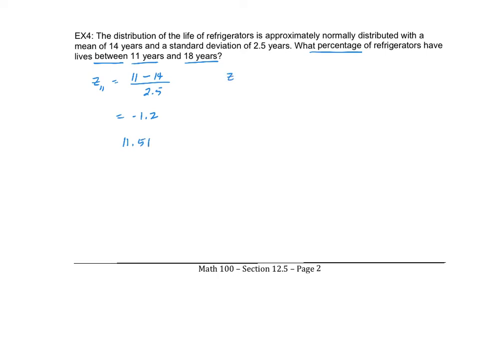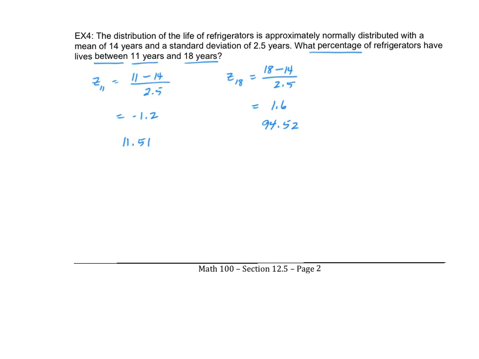When I look at the z-score of 18 years, it's going to be 18 minus 14, the mean, divided by the standard deviation of 2.5. That would be a positive 1.6. When I look at the table, a positive 1.6 z-score corresponds to a percentile of 94.52.